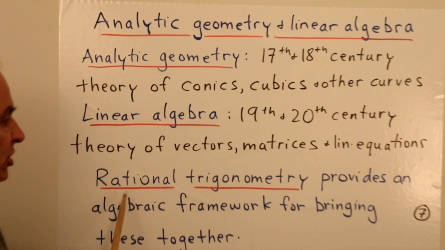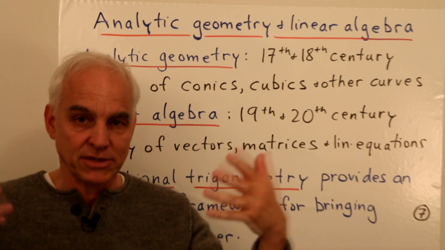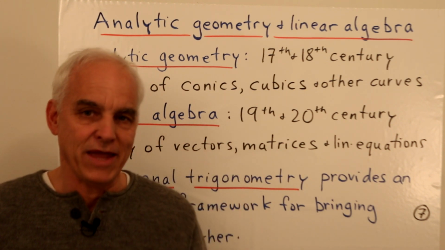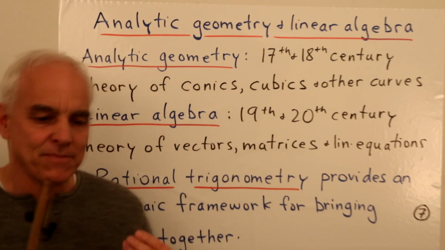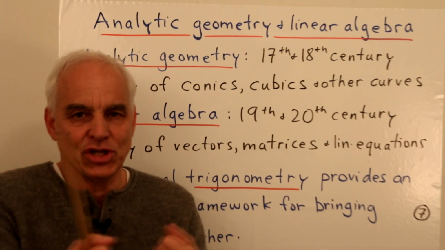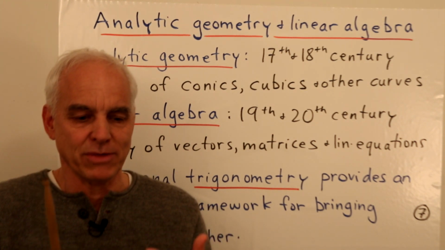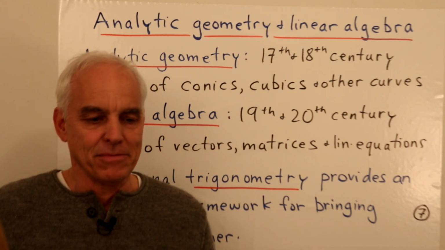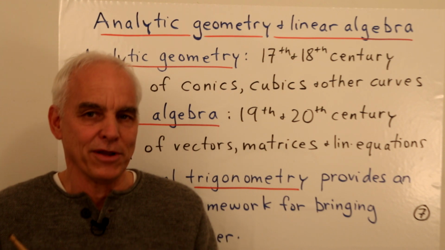And it's really rational trigonometry that provides the algebraic orientation that allows you to see how these things naturally fit together. So once you've let go of the angles and the distance story and everything is algebraic, then those tensions that have always been around with analytic geometry in terms of measurement are gone. And you can look at things in a much more balanced and fruitful way, really.